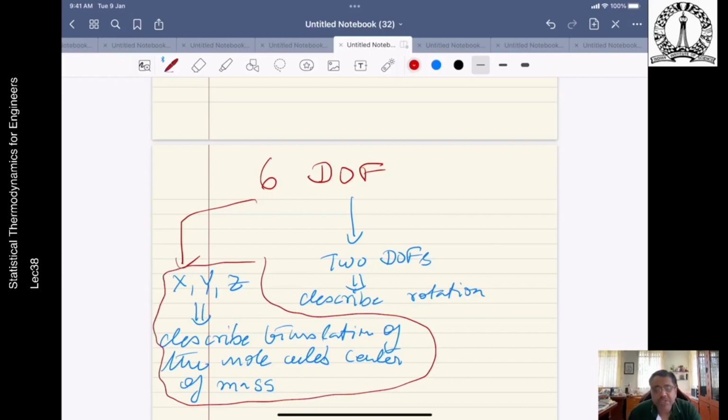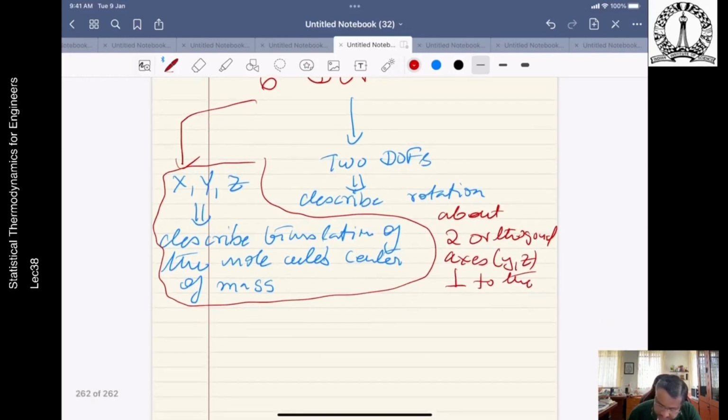Describe rotation about two orthogonal axes, the y and z, perpendicular to the internuclear axis.